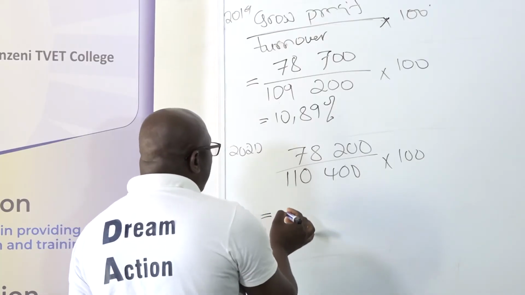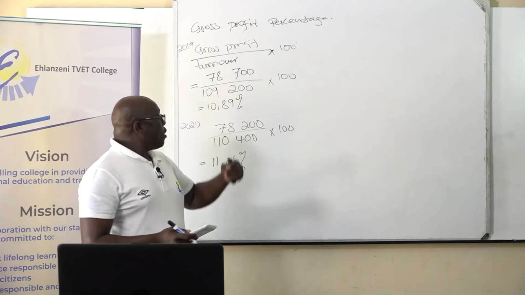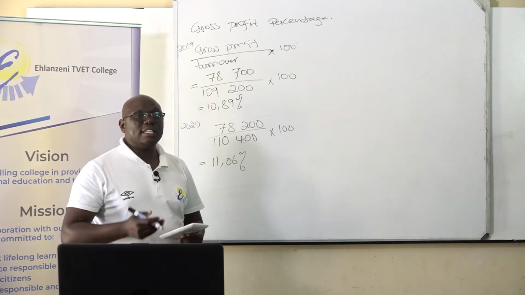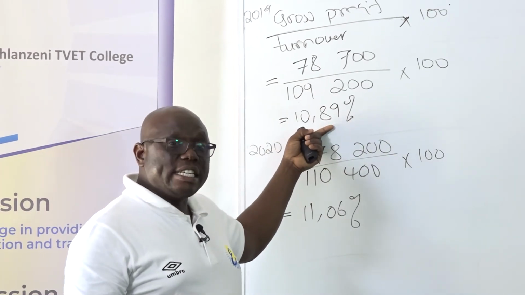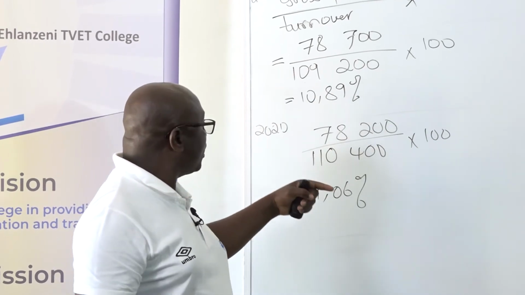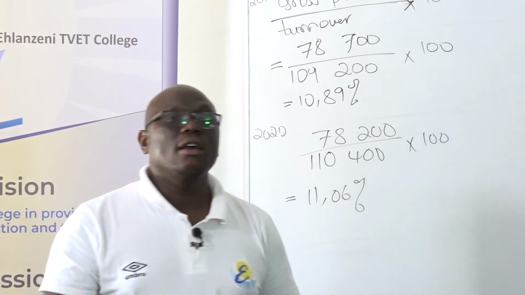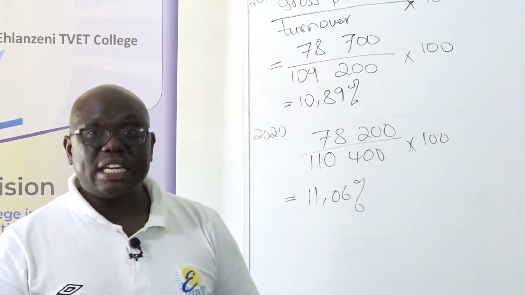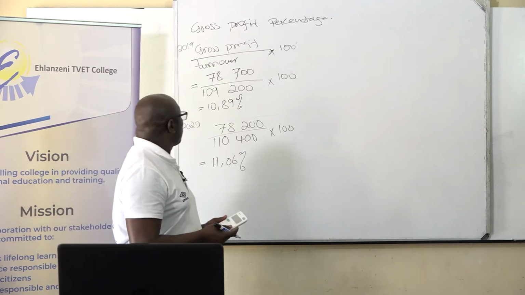It gives us 11.06%. What is happening is the business is making progress, because the gross profit percentage has increased to 11.06% from 10.89%. So it shows the business is progressing, the business is growing.